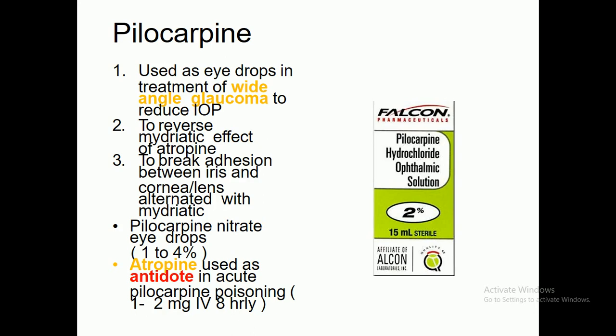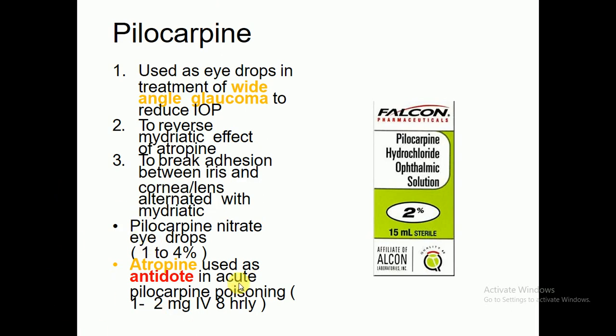It can break the adhesion between the iris and the lens, alternating with the mydriatic actions. Pilocarpine nitrate eye drops are 1 to 4%. Atropine is used as an antidote in acute pilocarpine poisoning. Let's suppose a pilocarpine overdose has occurred, then atropine can be recommended.